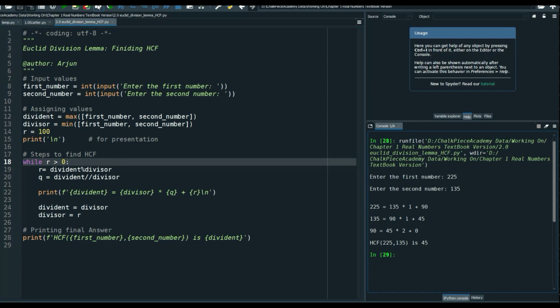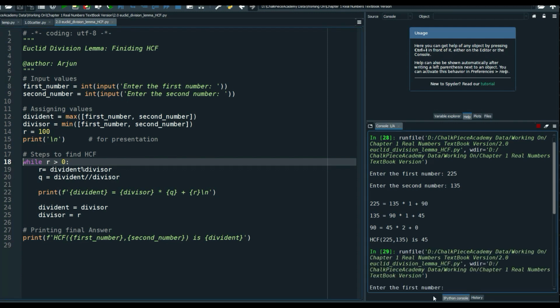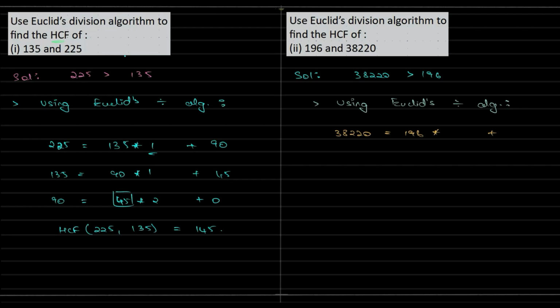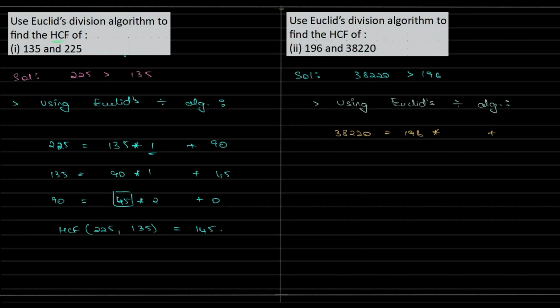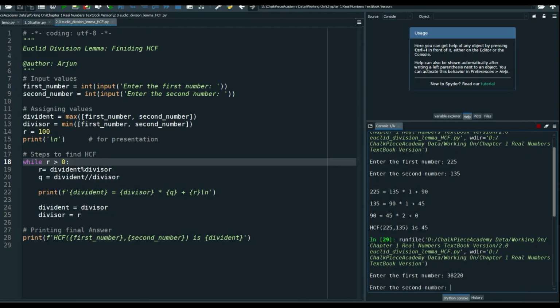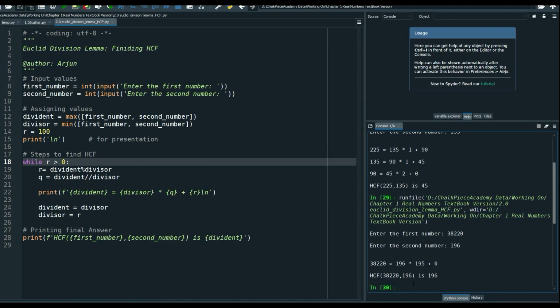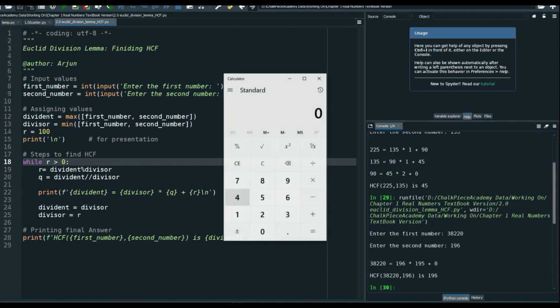For this, I clearly use the program. 38220 and 196. Apparently only one step, so we have this as the answer.